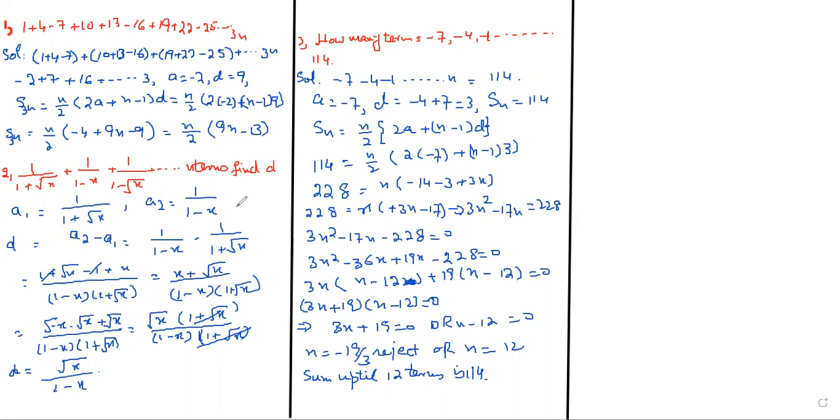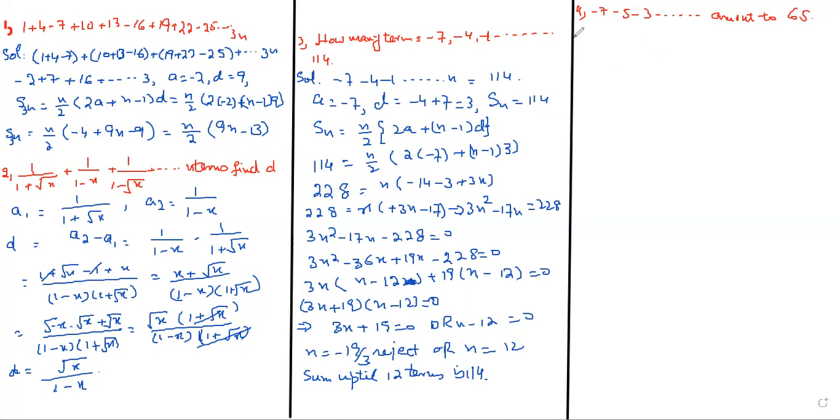Now come to question number 4. How many terms of the sequence minus 7, minus 5, minus 3, and so on amount to 65? Okay, right.